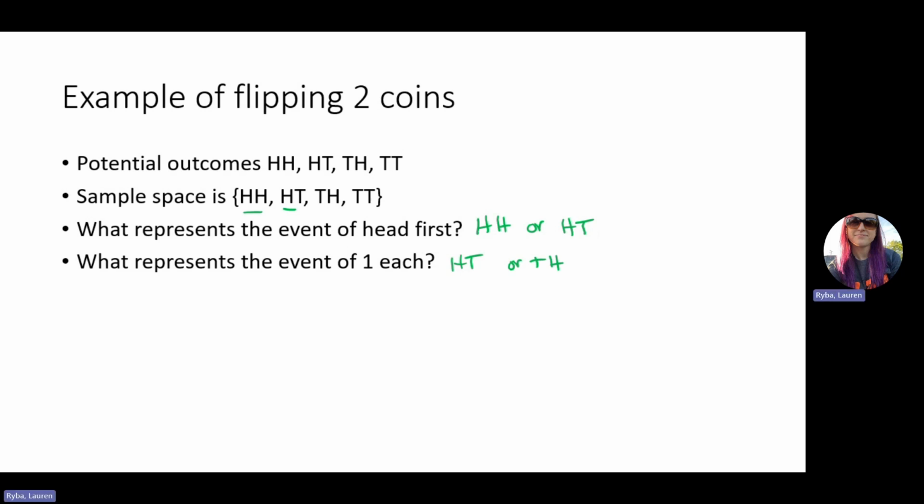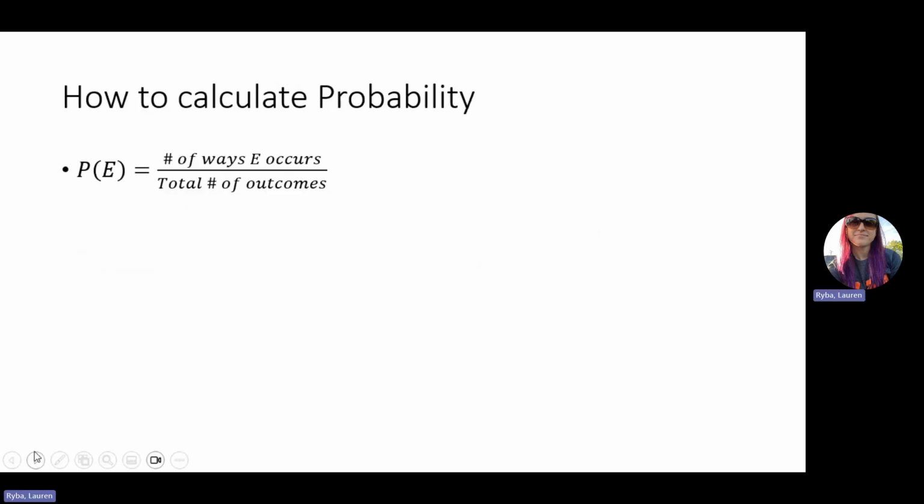We have to know the entire sample space. We have to know a count of how many times a specific event occurs to be able to determine a probability. So anytime we want to find a probability, the probability of any event is the number of ways that that event occurs, divided by the total number of outcomes.